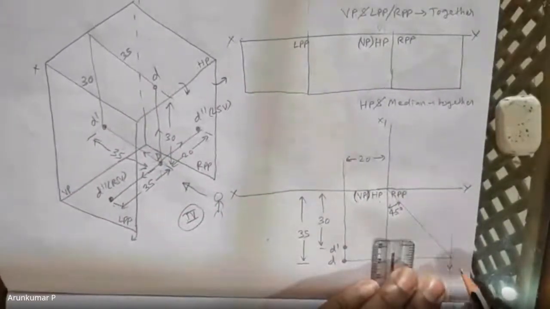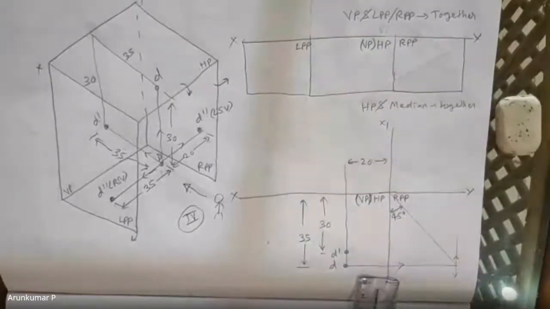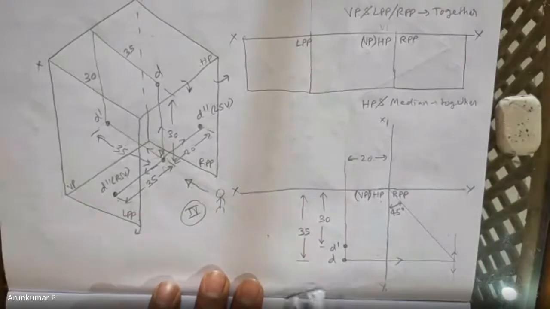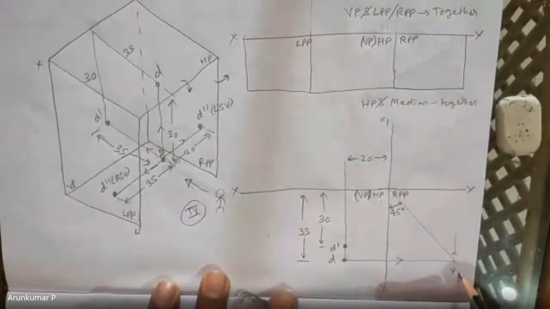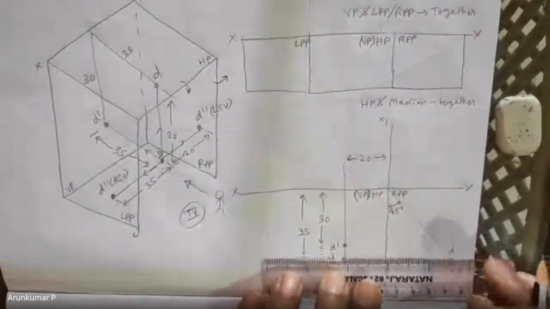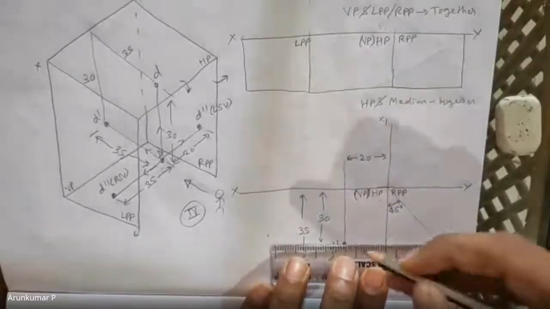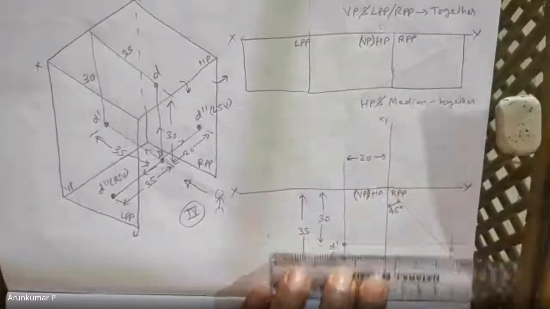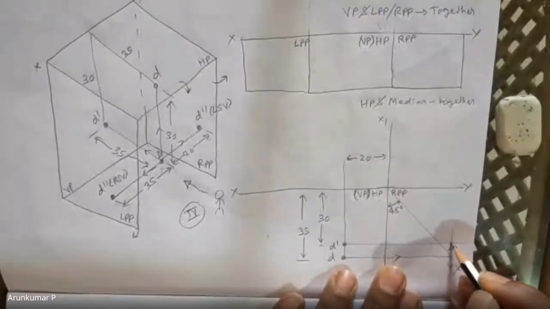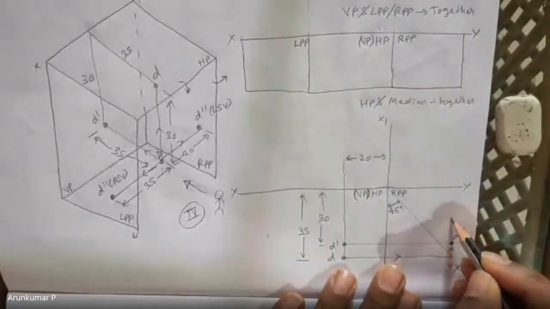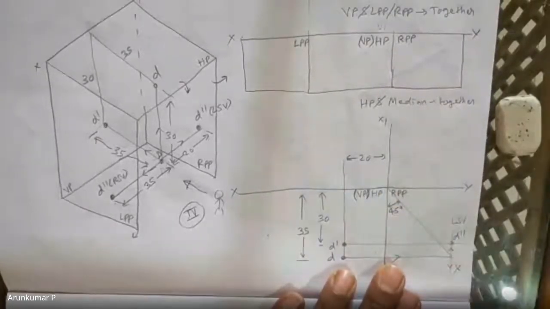Where is the front view, up or down? Up. Exactly. So you should go up. Don't go down. You project it upwards and see that it intersects with the projection of the front view. They intersect somewhere here. This is D double dash, your left side view.